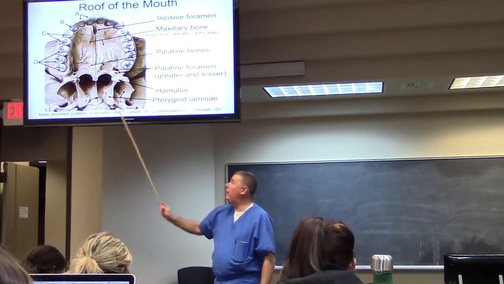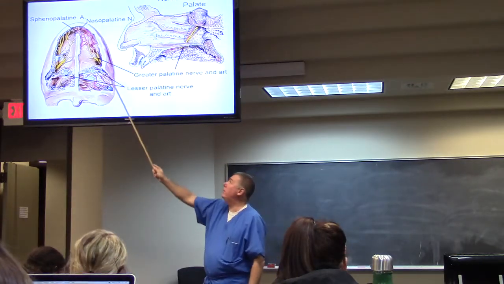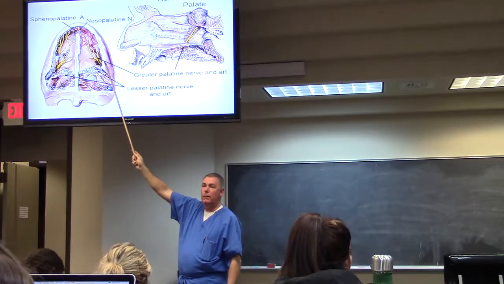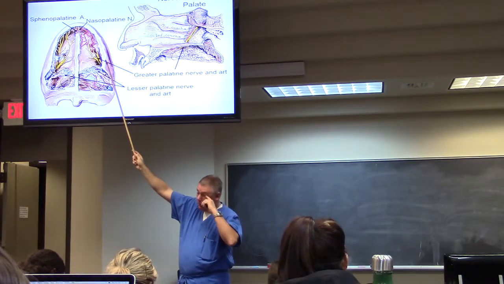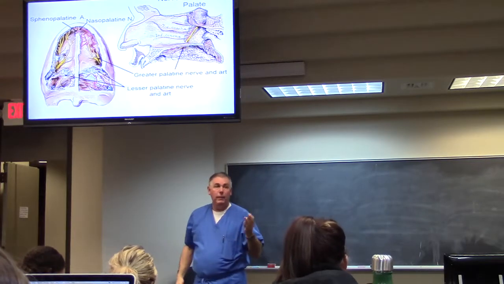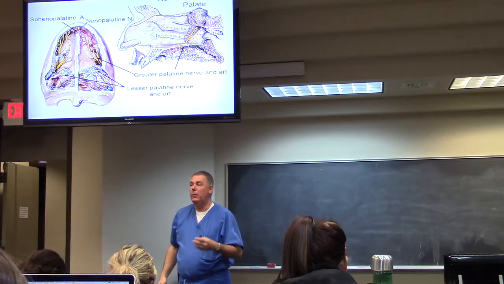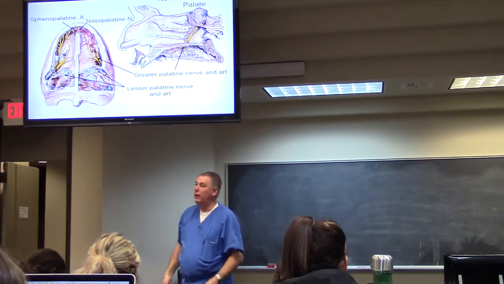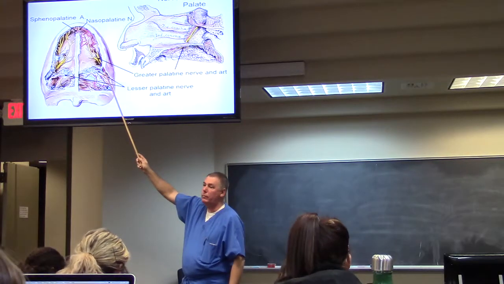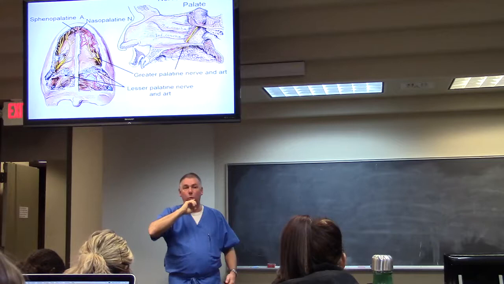You see that greater or lesser palatine foramen? So here are the nerves and arteries that come out of those foramina. The ones coming out of the greater palatine foramen supply the hard palate. The ones coming out of the lesser palatine foramen supply the soft palate. Nonetheless, that's where they are, right here at the back corner of your palate.